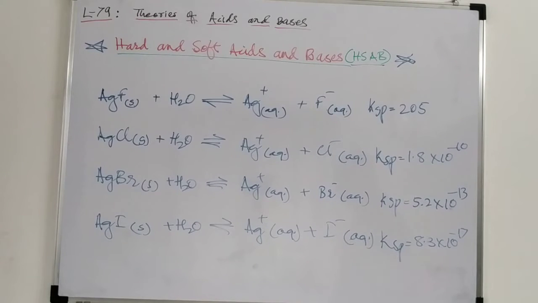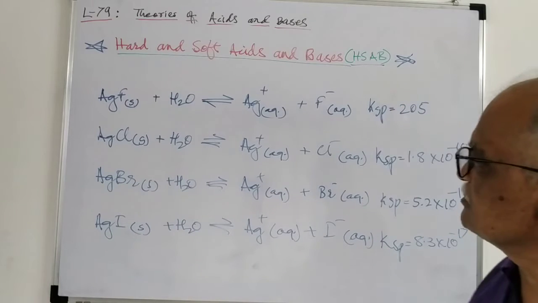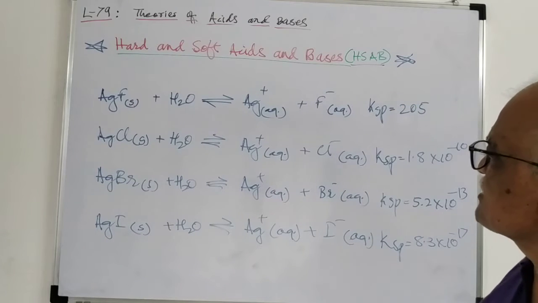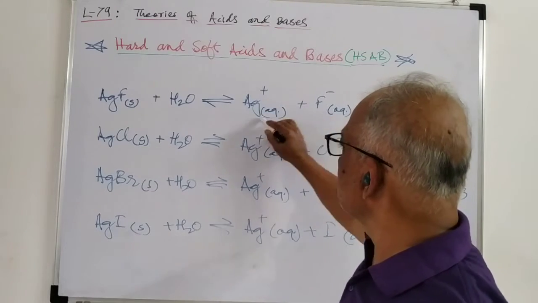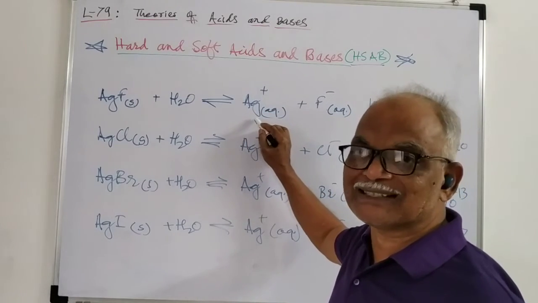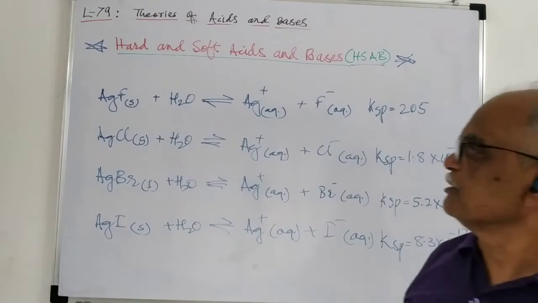This degree of solvation also depends upon the interactions taking place between the halides and silver ions. Here the interaction takes place more between Ag+ and F- with the solvent molecules, so it gets easily solvated.